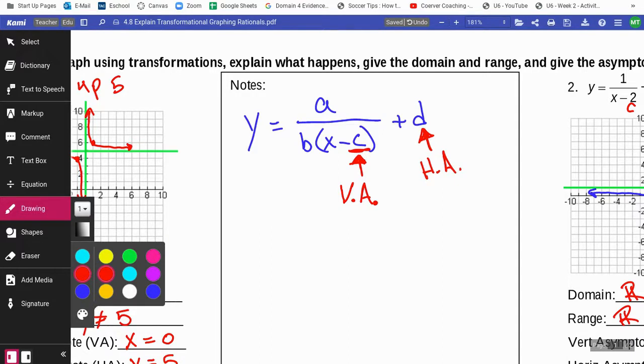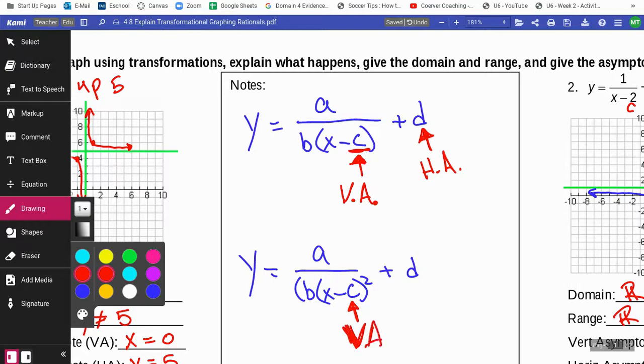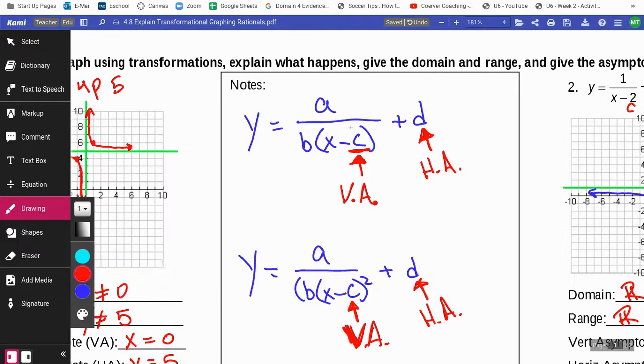And that does not change for the other parent function that has x squared. This is still the VA, and this is still the HA. So keep that in mind as we work things today.